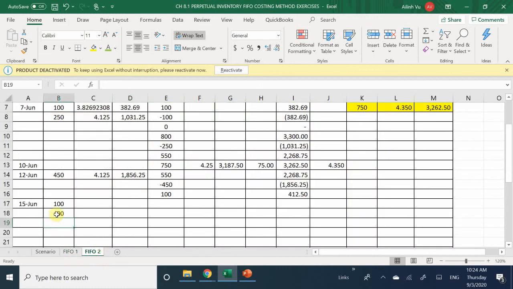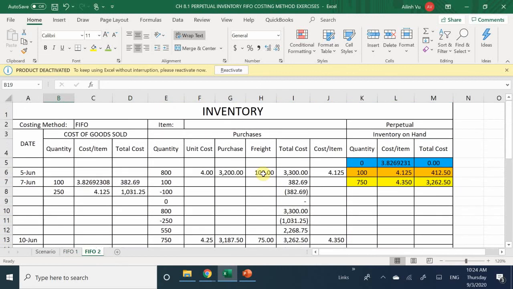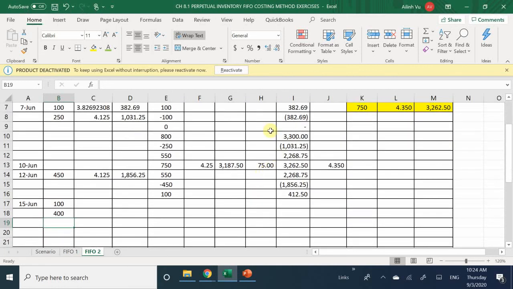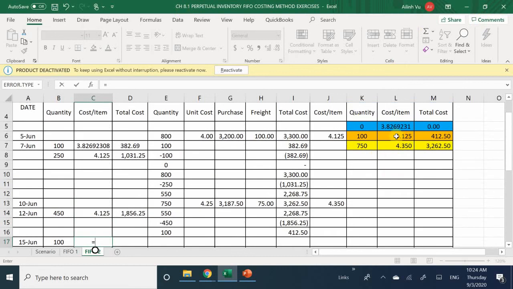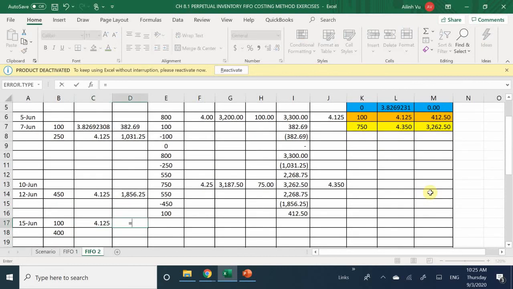On the second inventory page, we notice that we have 100 items left in the orange batch, and we need to take 400 out of our yellow batch. So what numbers am I plugging in here? Yep, 412.50. Oh, yes, good. What about the 400?